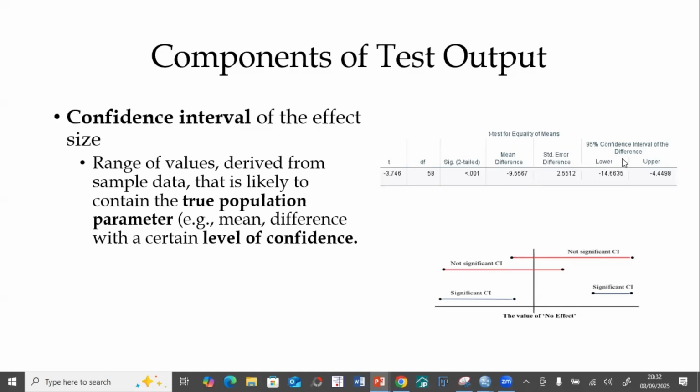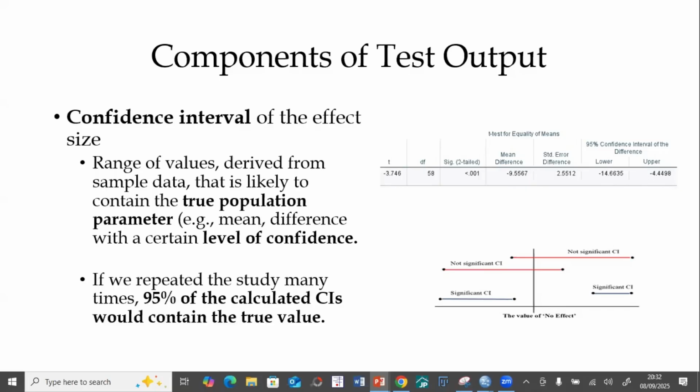The 95% confidence interval tells us that if this study were to be performed in the population from which this sample was drawn, the mean difference in the population, which is the parameter, not the statistic, is likely to lie between negative 4.4 to 14. That is what confidence interval means.